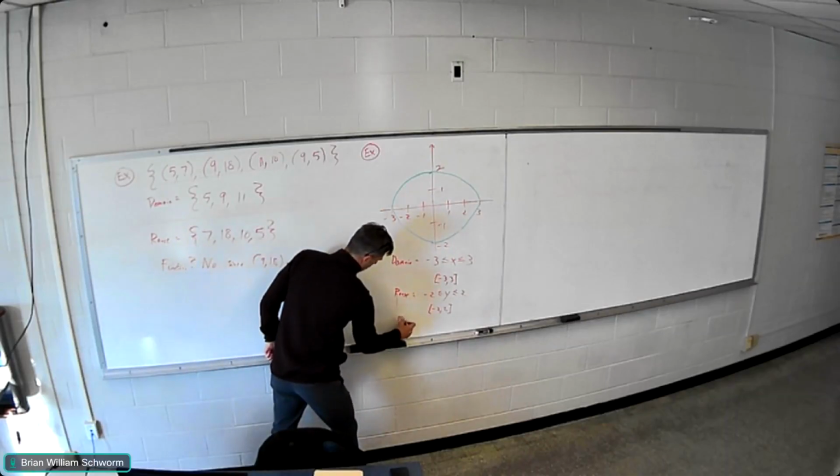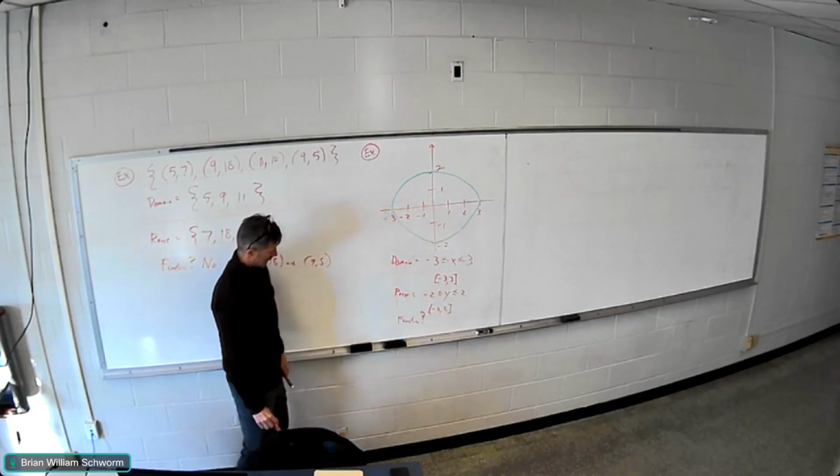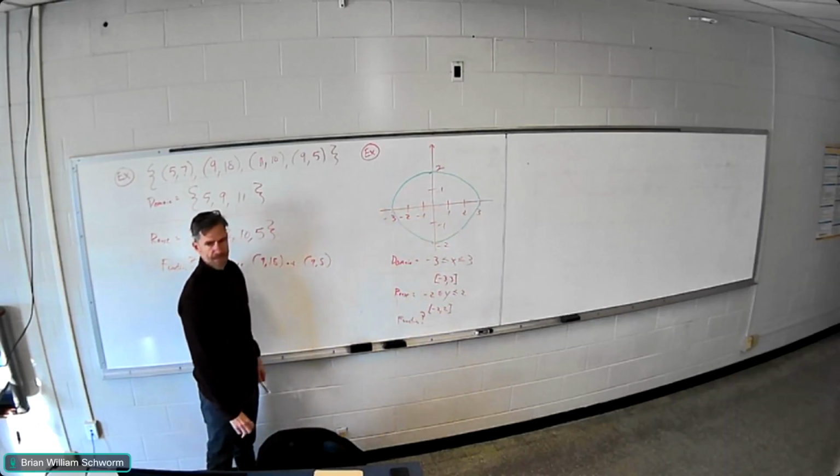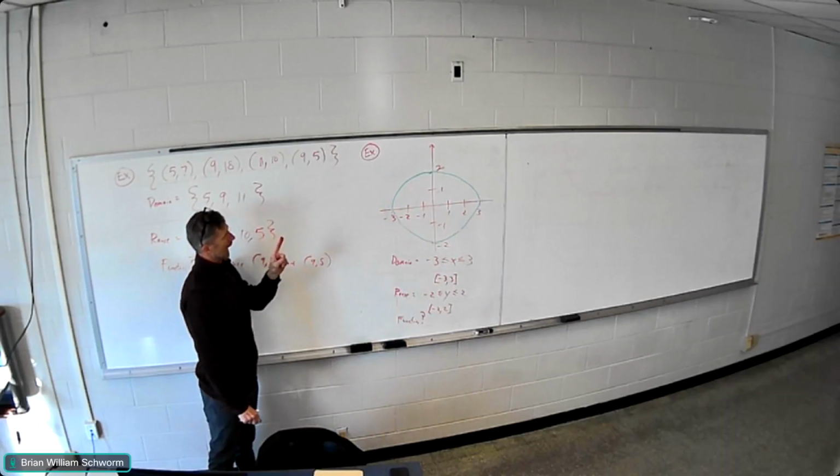And then really the main question I was after here, is it a function or not? No, it is not. Because there are a lot of x values that are used twice.